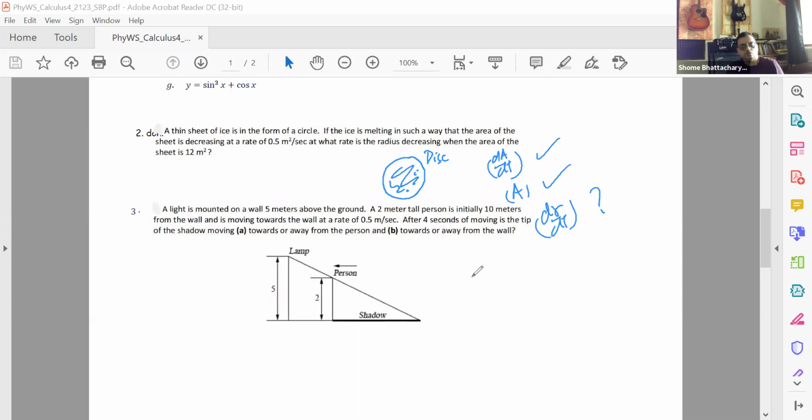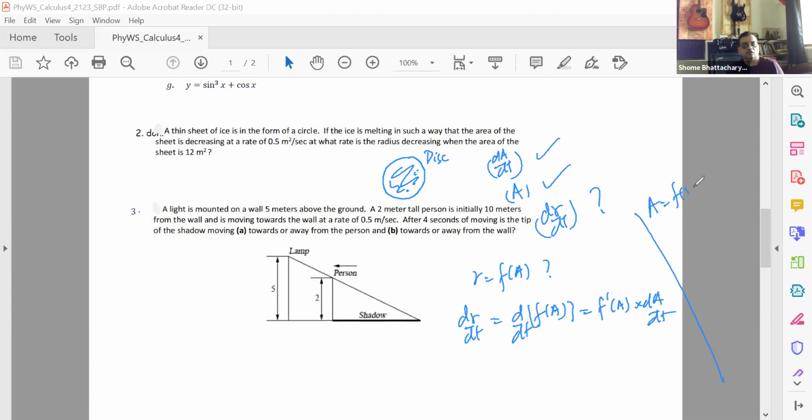So one way we could do this is, let's find radius as a function of area, and then let's apply the chain rule. So that will be derivative of this function into dA by dt. That's one way we could do it. Or another way we could do it is that we know area is a function of r.